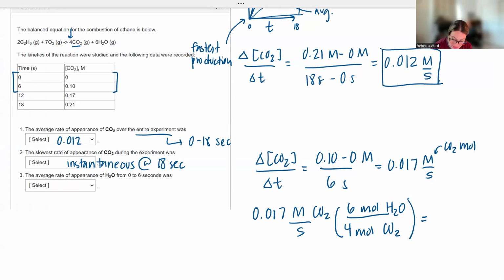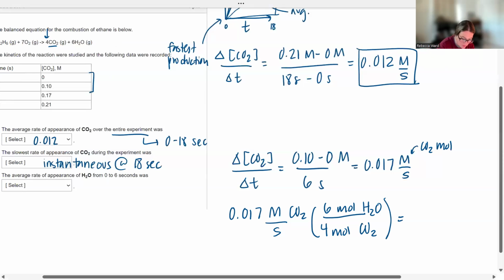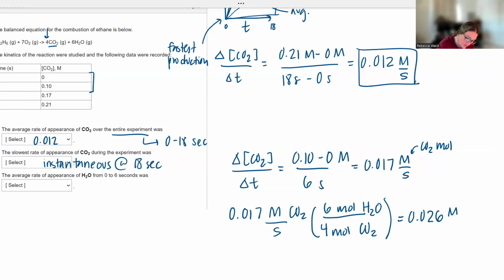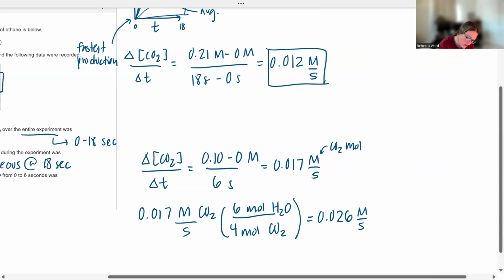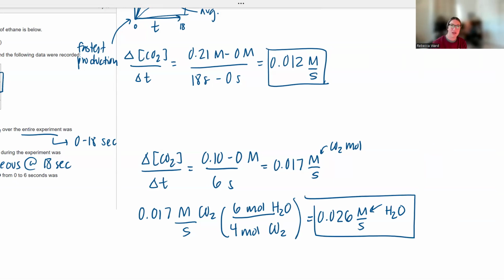So I'll multiply by 6 divided by 4. That gives me 0.025, or 0.026 if we're rounding, and this is now in terms of water. I like this approach better than the average rate equation. It makes more sense to me, but you'll get the same answer regardless.